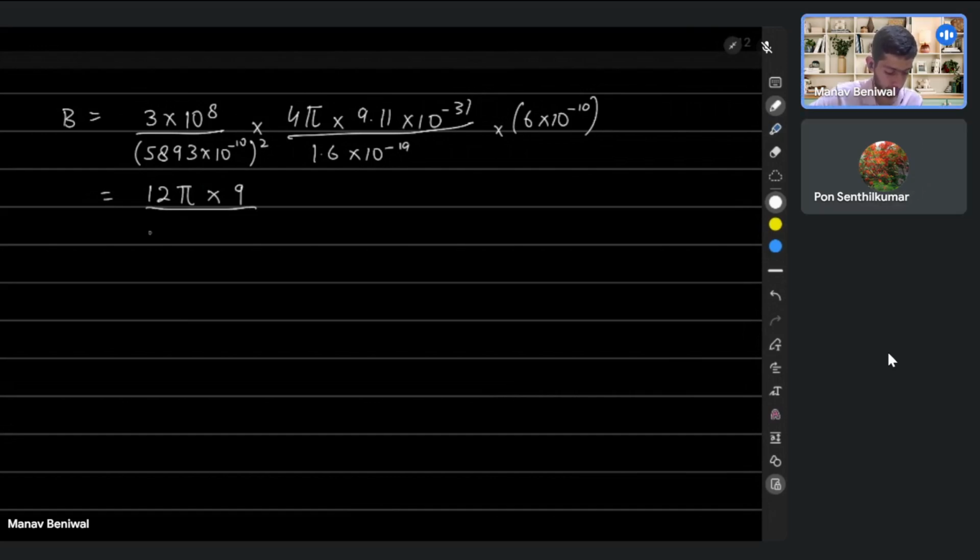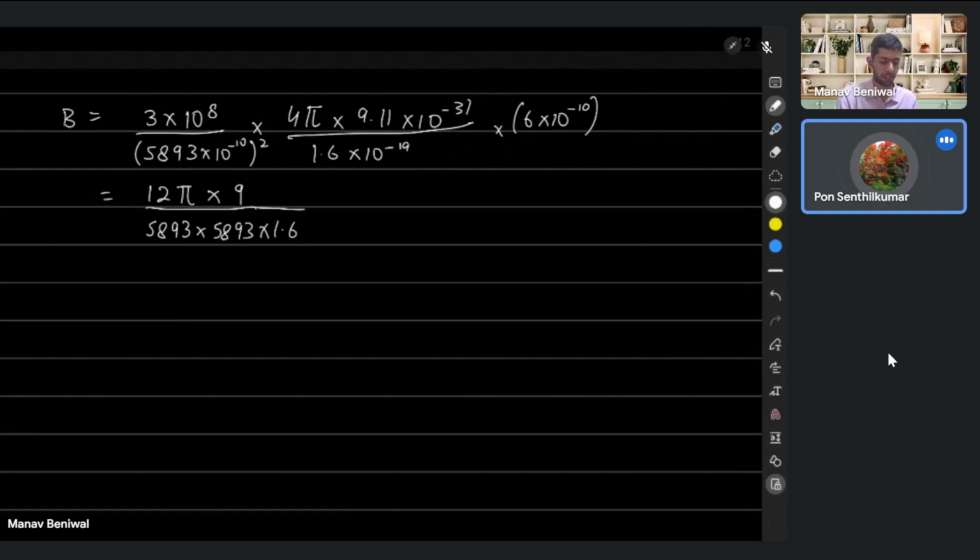And in the denominator, you'll have 5893 times 5893 multiplied by 1.6. And the powers will become 8 here, then minus 31 here, and then minus 10. Then this will become minus 20, so we can take it up, and it will become plus 20 and plus 19.